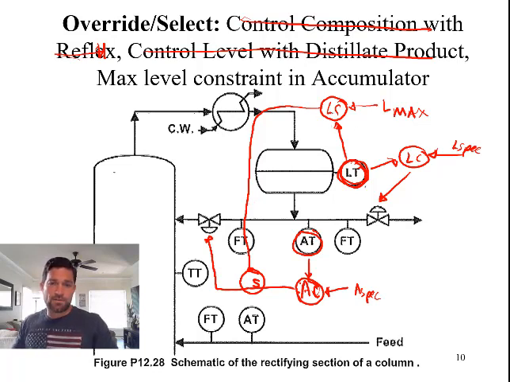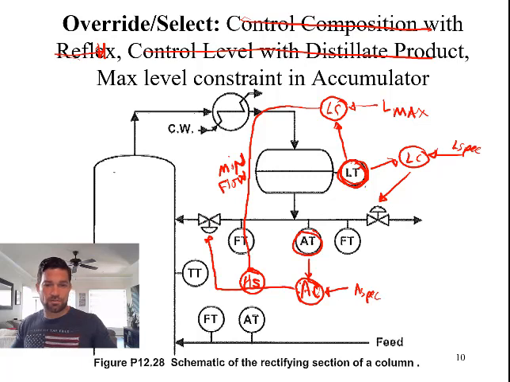Okay, we do that by figuring out the objective of the constraint loop, which is trying to get this to the constraint. So that would be a maximum level. In order to get this to the maximum level, the constraint loop is saying close this valve. So this right here is going to be a minimum. Again, as long as the signal is flow, it is going to be a minimum flow.